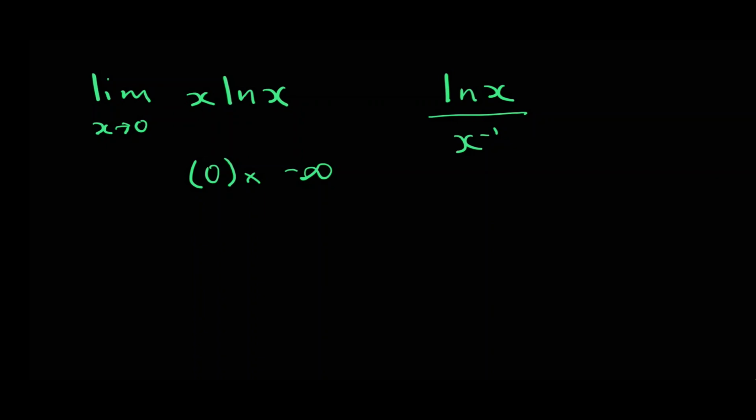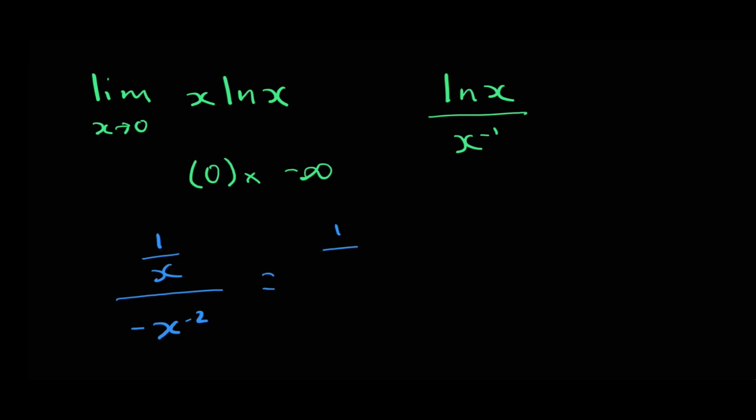So we need to differentiate the top and the bottom separately. The derivative of ln of x is 1 on x, and the derivative of x to the power of negative 1 is negative x to the power of negative 2.